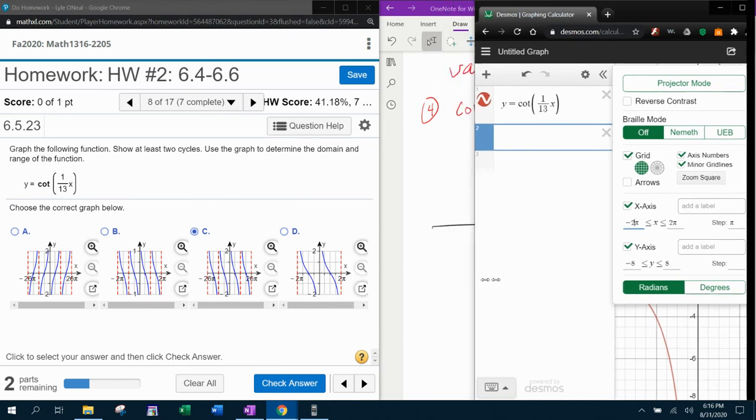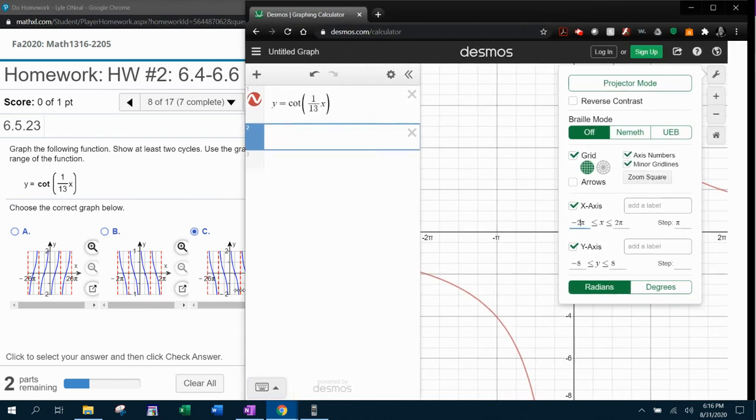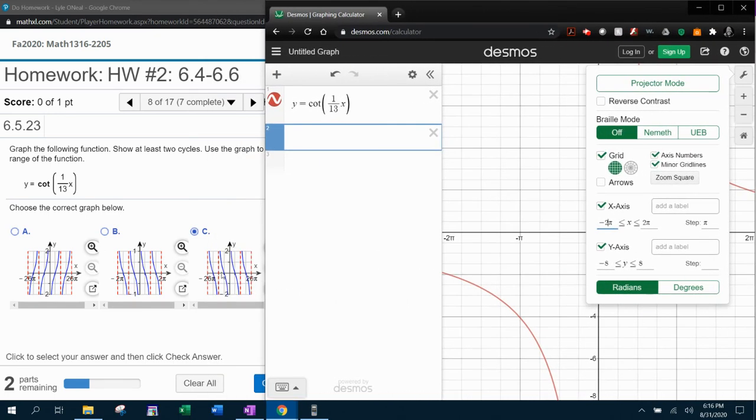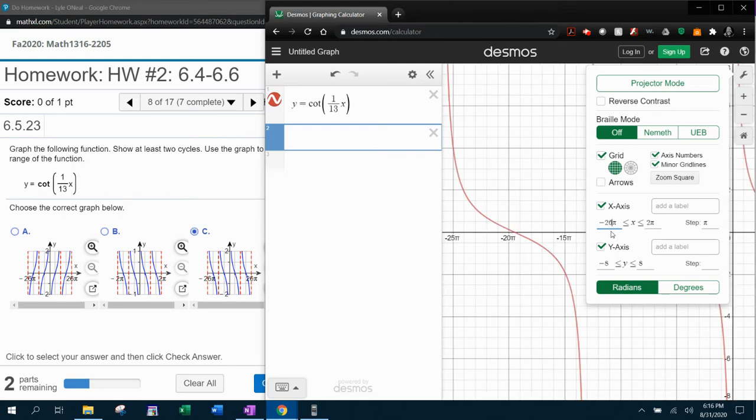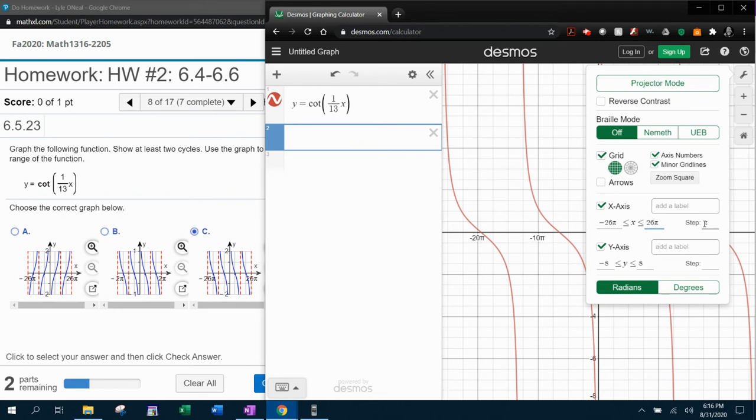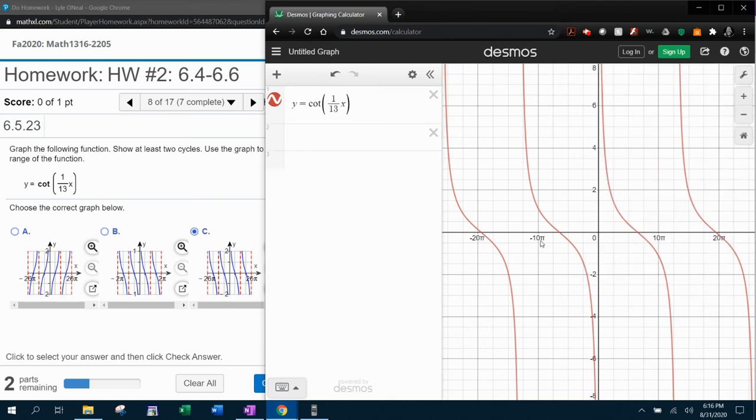I forgot now. C. I said answer choice C should be right. And that goes from negative 26 pi to 26 pi. So I'm going to set this to negative 26 pi and 26 pi. And you can change the step to pi if you want. The only thing the step does is it makes sure that your hash marks are labeled in terms of pi.